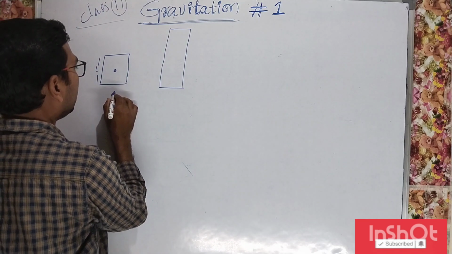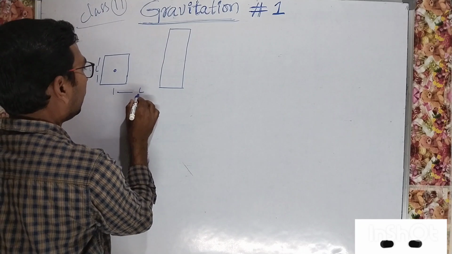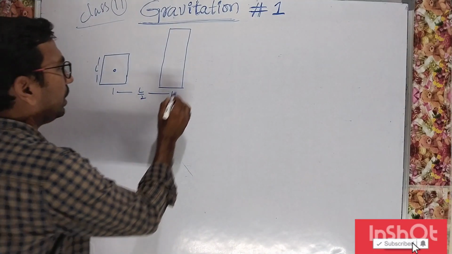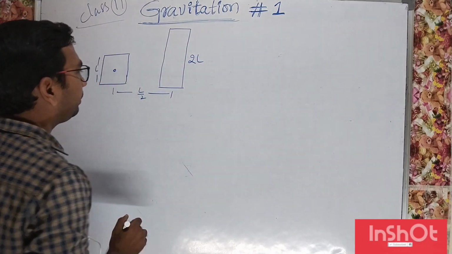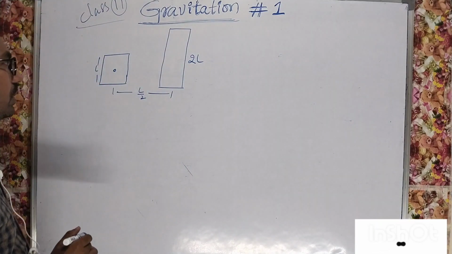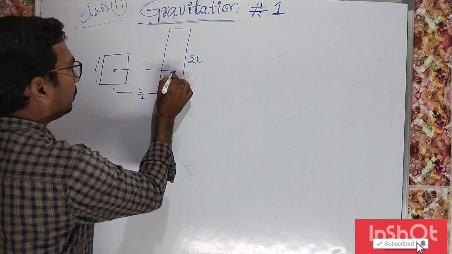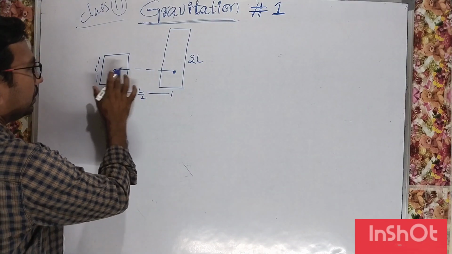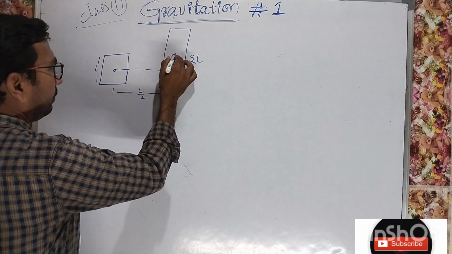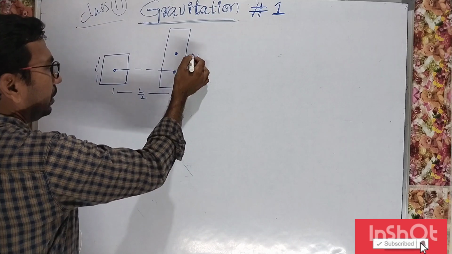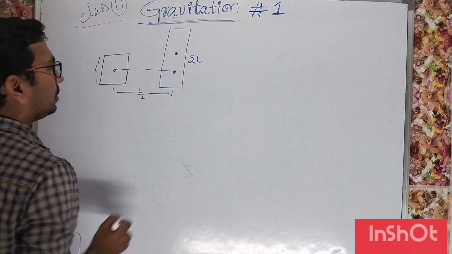These two are placed at a distance of L by 2. This rod length is 2L. You can find out what the gravitational force is. So this center, of the 2L rod, is exactly L from this, at L distance.